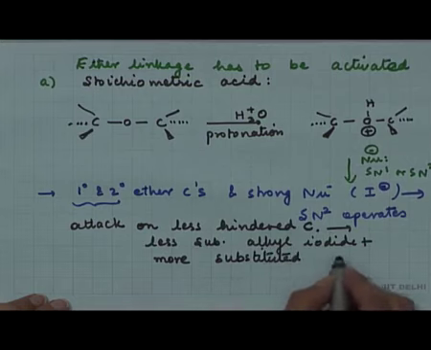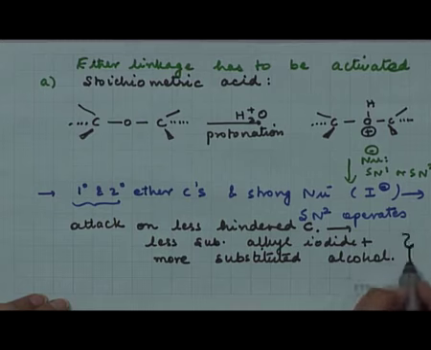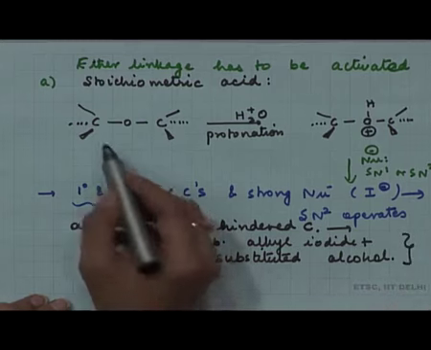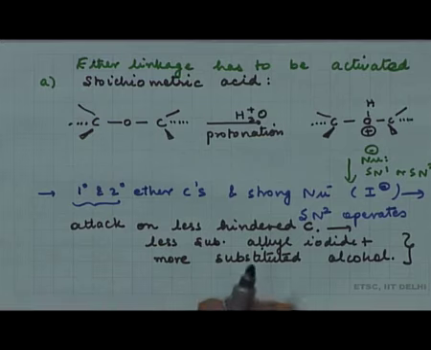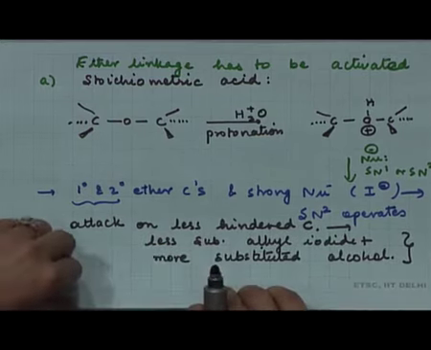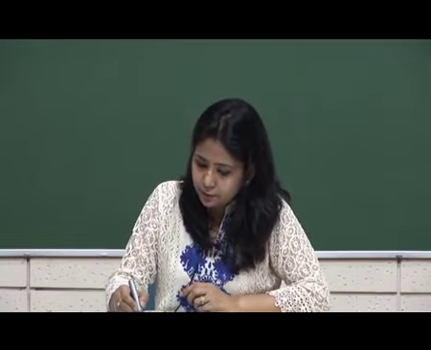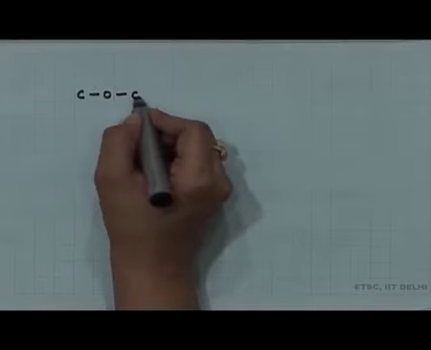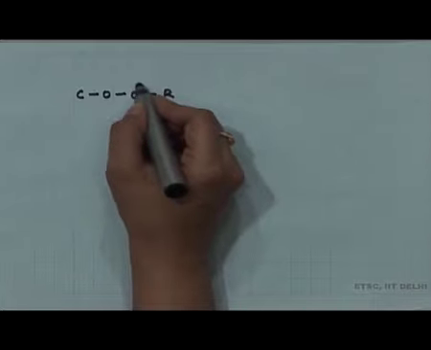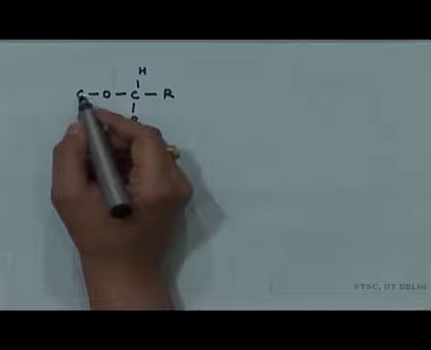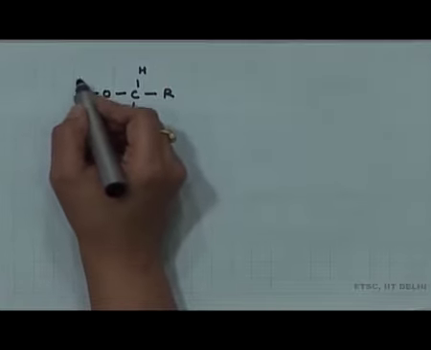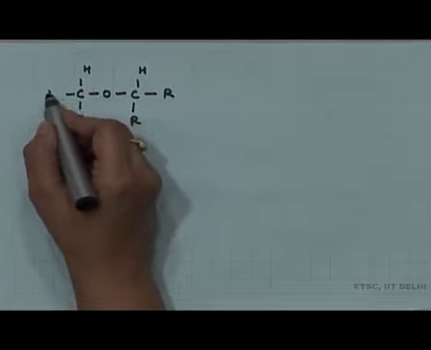So, this is what is going to happen primarily; these are the major products if your ether carries alkyl groups which are 1 degree and 2 degree. Just to represent it, you have your C-O-C linkage, on one side a 2 degree alkyl group, on the other side a 1 degree alkyl group.